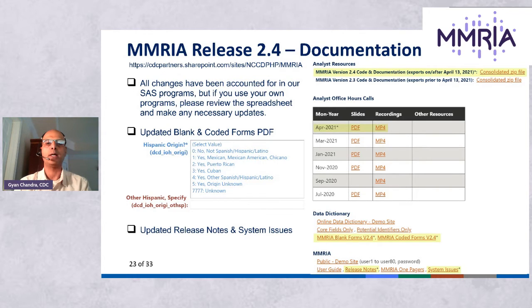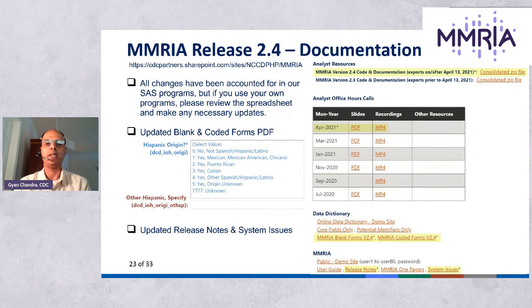Revised blank and coded MMRIA forms are available in the data dictionary section. These PDFs are primarily designed as a reference tool for abstractors and analysts. The coded MMRIA forms PDF displays questions asked on each MMRIA form along with coded and display values for various pick lists.